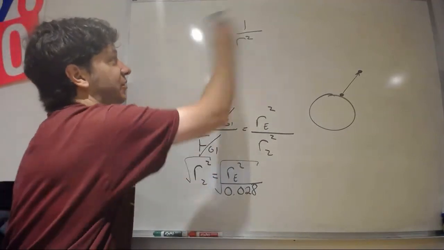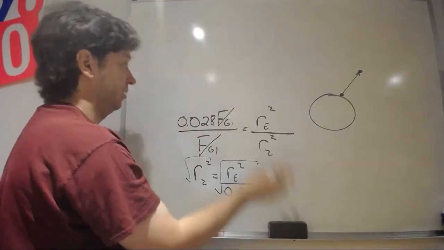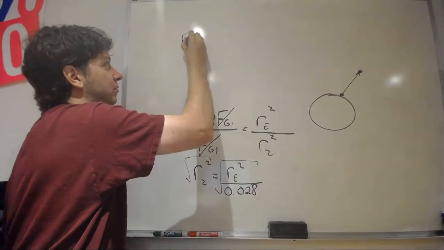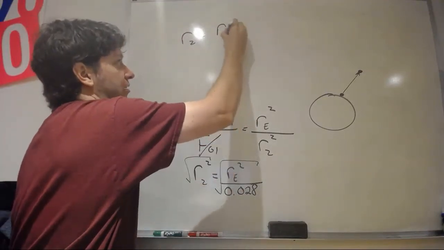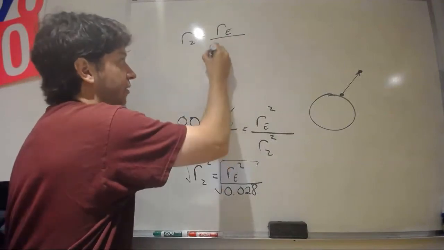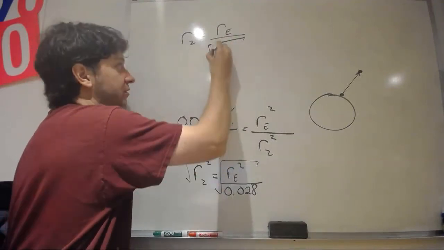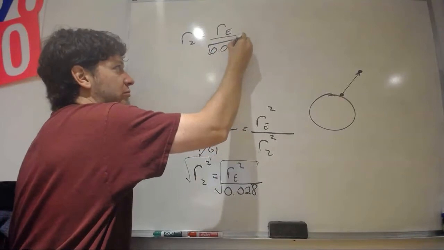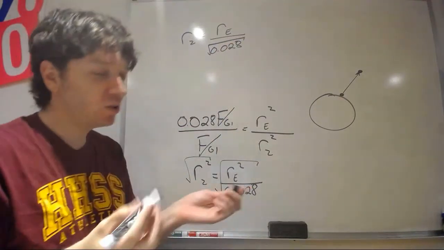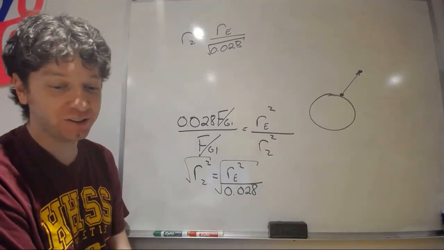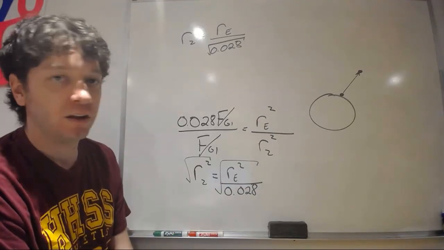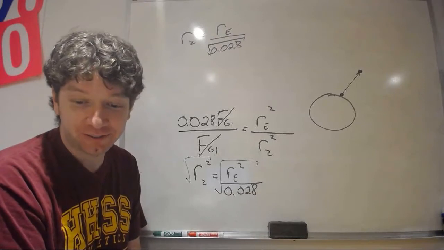So R2 equals RE over the square root of 0.028. And then you could say, oh, I'm done, because it just says express it as a multiple of Earth's radius RE. But what exactly were you trying to find?